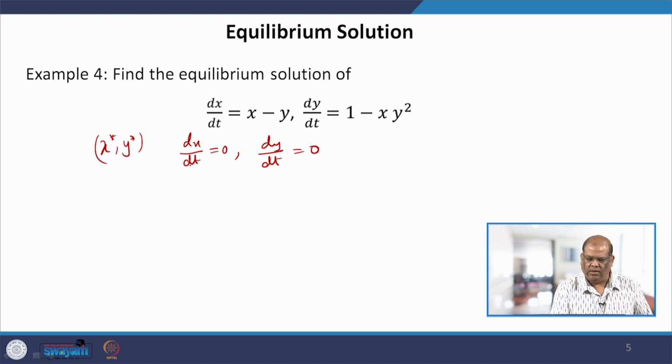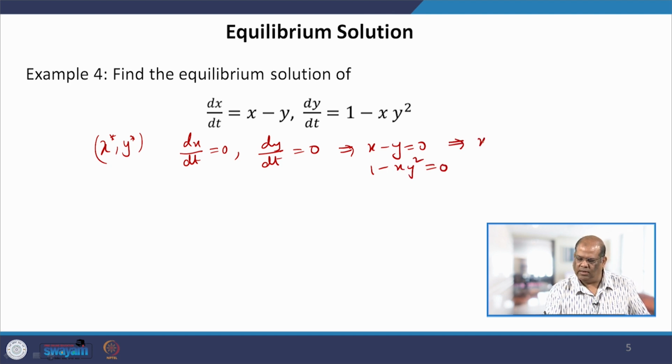Now, if dx/dt is equal to 0, obviously you get x minus y equal to 0 and 1 minus xy square equal to 0. This implies x is equal to y, and this implies xy square equal to 1.